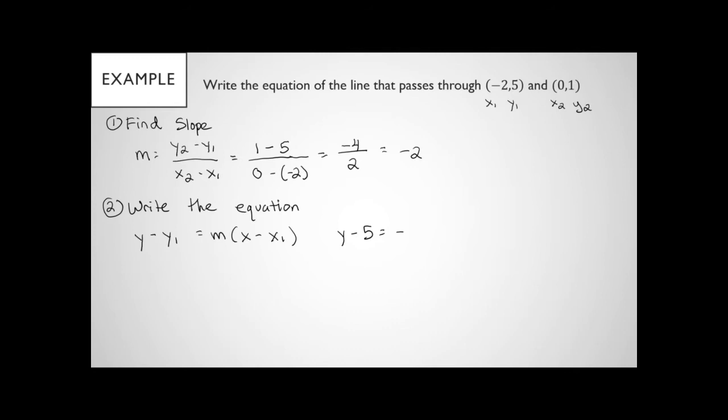And then m, we just found m, that's negative 2. And then x minus x1, which is negative 2. So we have x minus a negative 2. So this is y minus 5 equals negative 2 times x plus 2, because we're subtracting a negative.